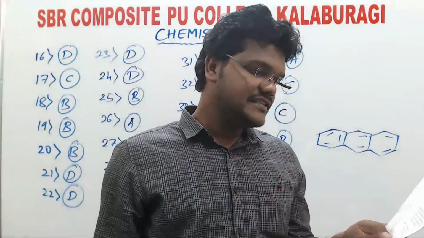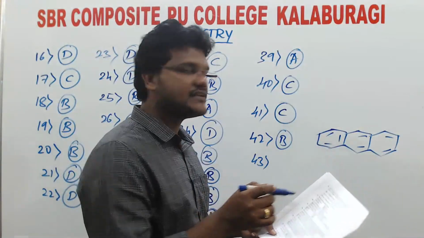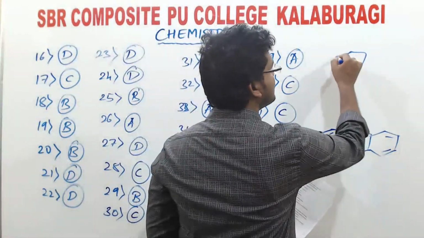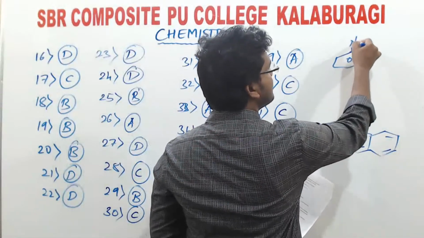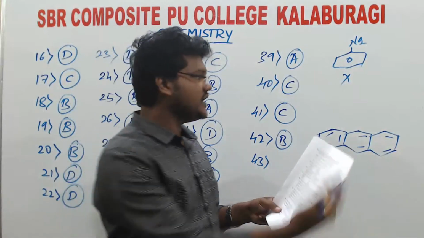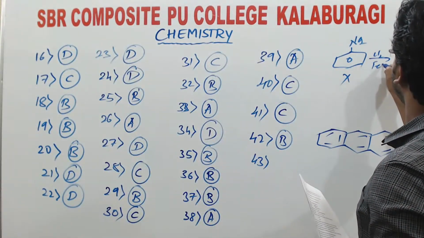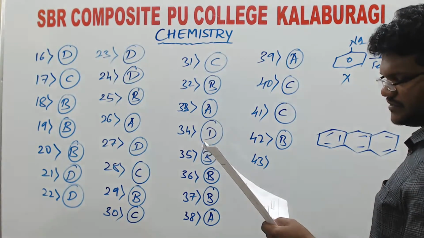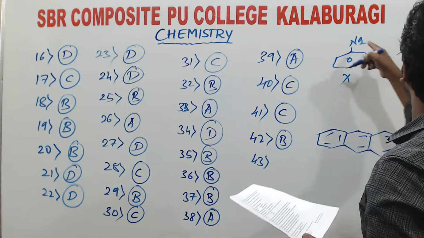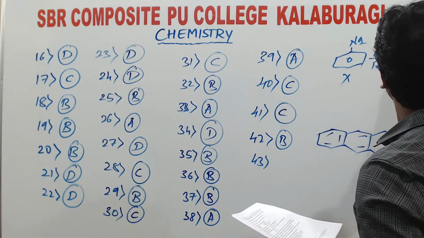43. Benzene is undergoing nitration. What is X? Benzene undergoing nitration means I'm going to get what? Nitrobenzene. This is my X, nitrobenzene. Then X on chlorination in presence of FeCl3. NO2 is a meta-directing group, so chlorine has to attack the meta position.